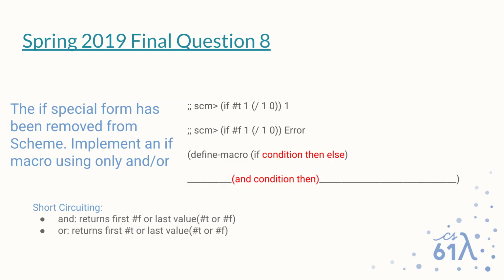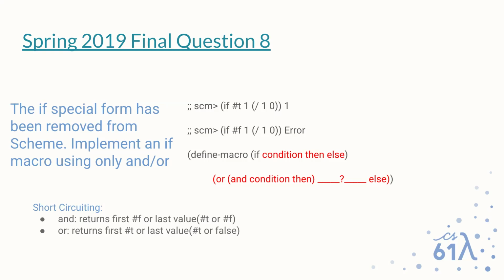But what if our condition is false? We have to deal with what we return if the condition is false. Else. Yeah, we will just return else. And you can choose between the two with this or statement, depending on which value is true.